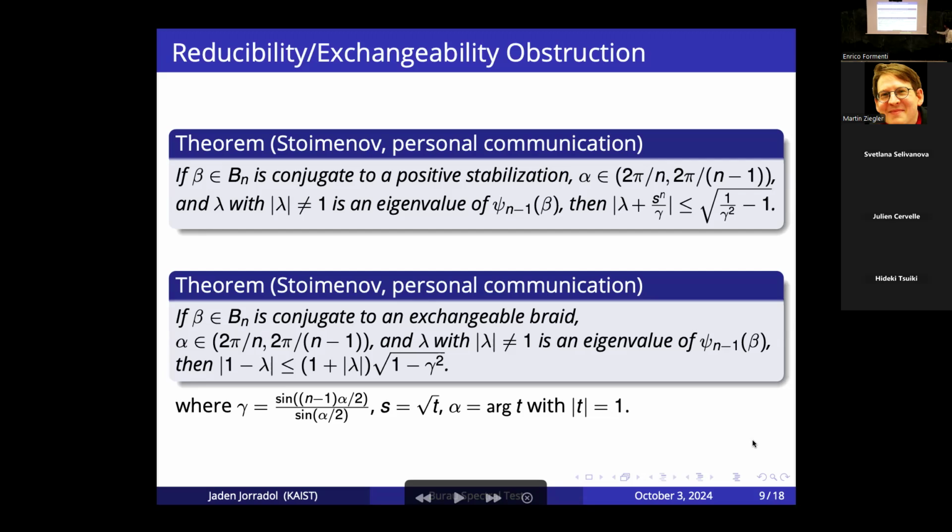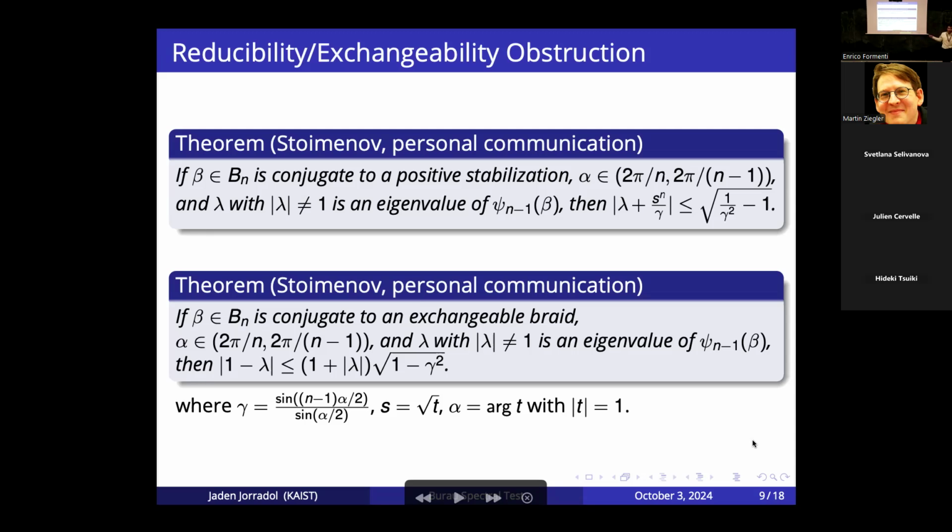The matrices have these eigenvalues, in which if the eigenvalue is not equal to 1 and the braid is some conjugate, which means that the braid is reducible, then all of its eigenvalues are in some certain zone, where lambda denotes the eigenvalue and S gamma is some conditions, some equations below. And the exchangeability is also related to the inequalities that are shown below.